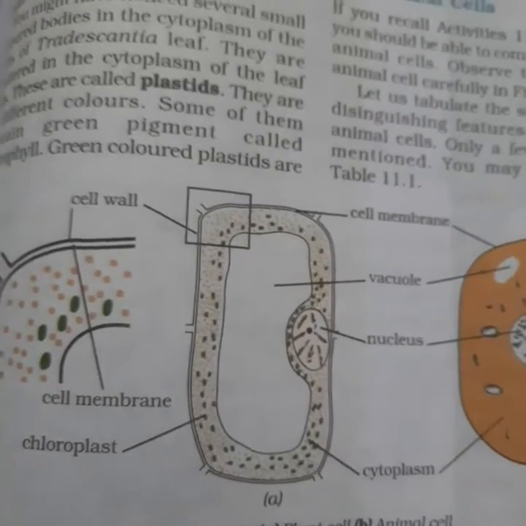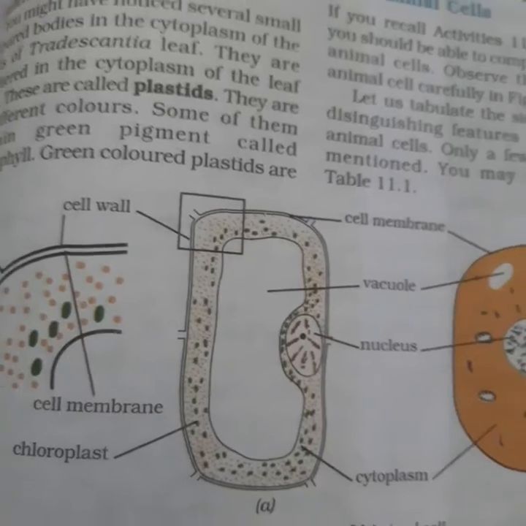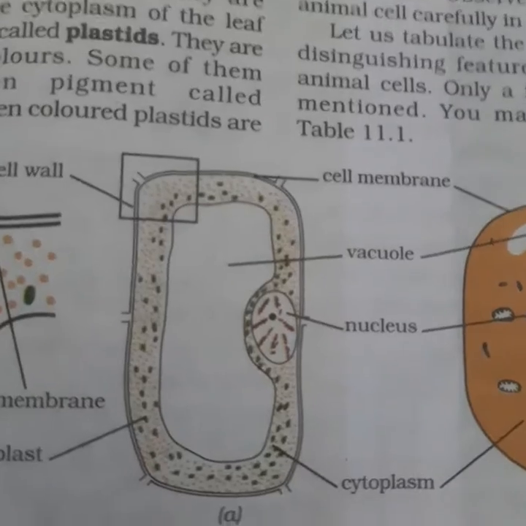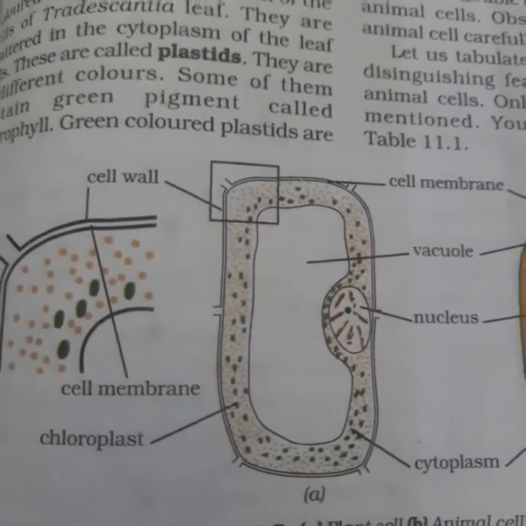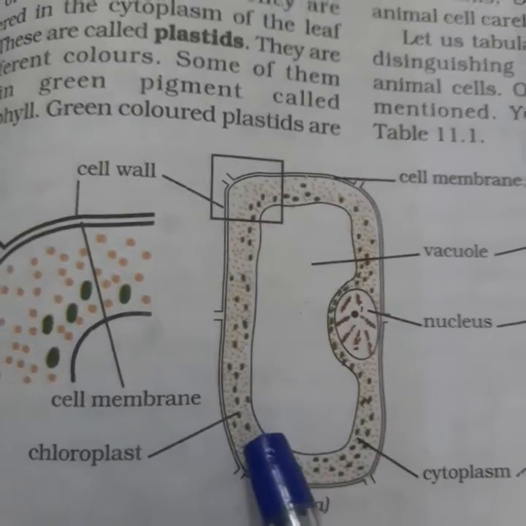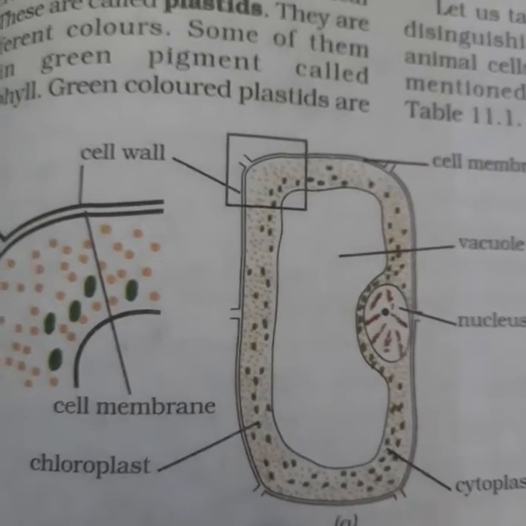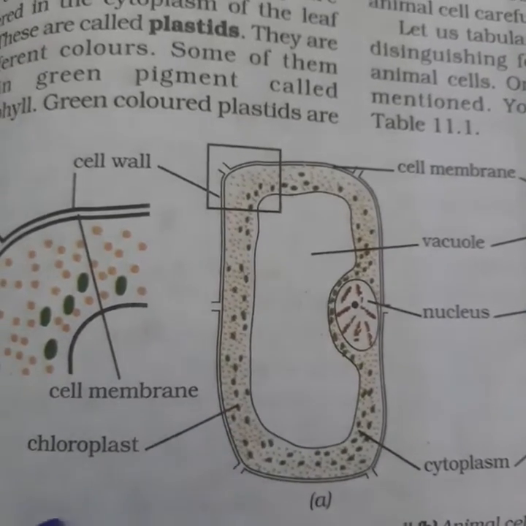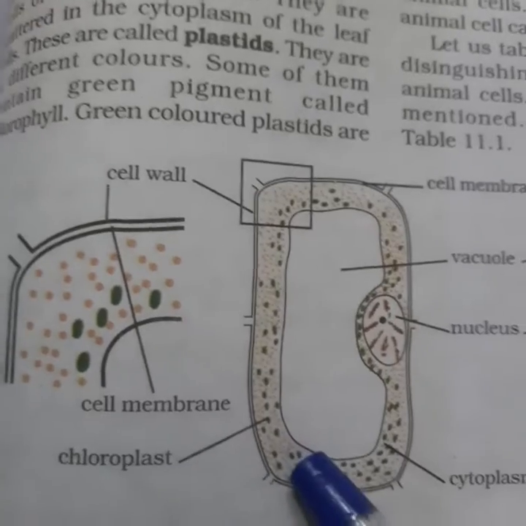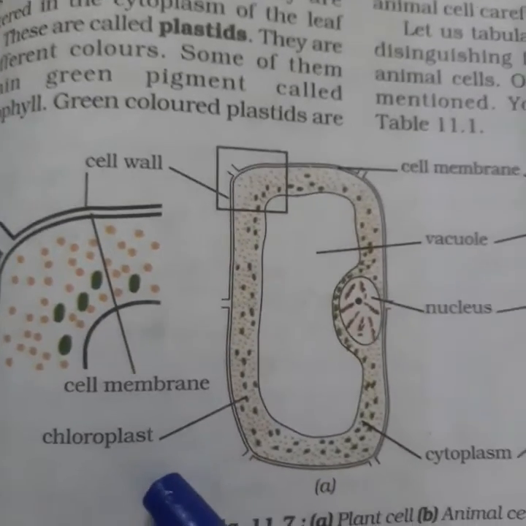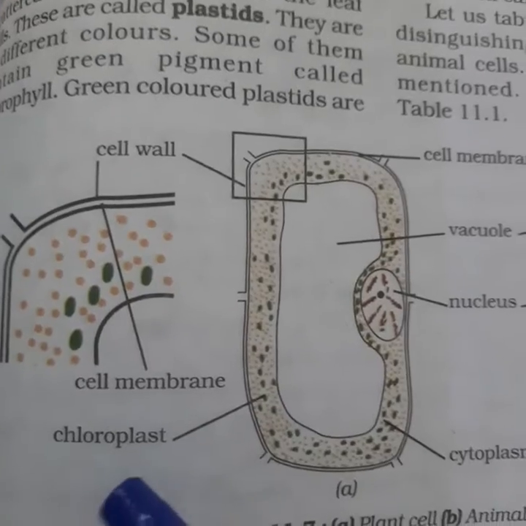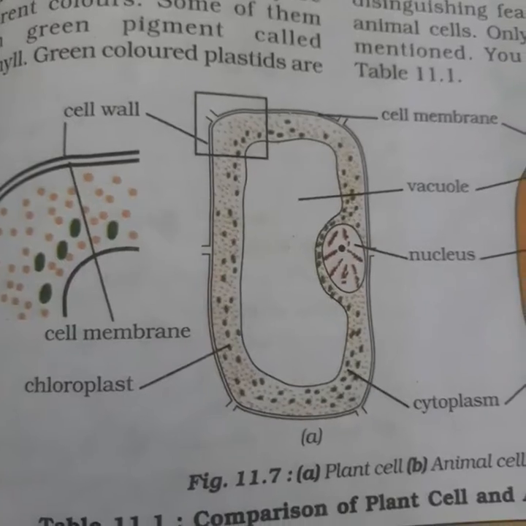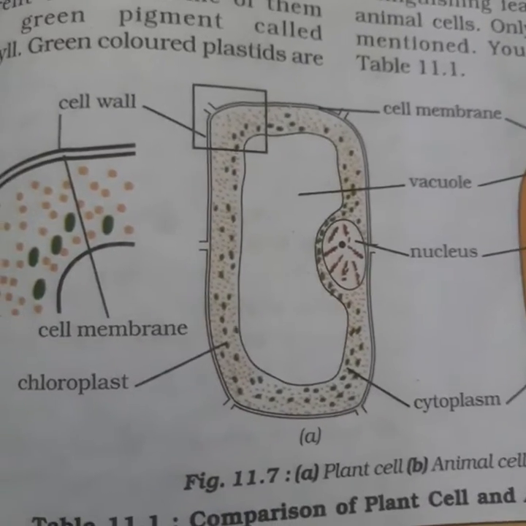This is green color pigment present in the cells of the plant, which we call plastids. And plastids we can also say like chloroplast. So plastids are also known as chloroplast. They provide green color to the leaves. Because of these chloroplast only plants are green in color. We all know that this green color, which is chlorophyll, is very very important for the plants to carry out photosynthesis in them. Understood?